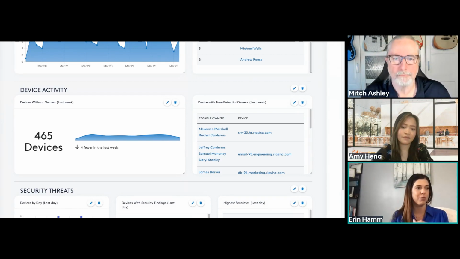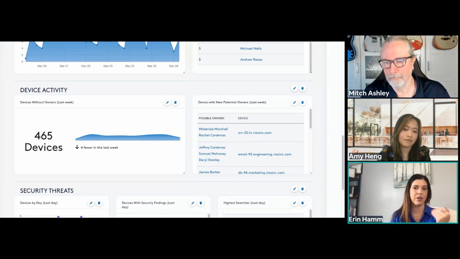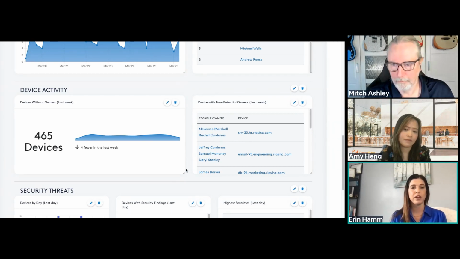In the DataB platform, we have an entity resolution IP and patent that we've been granted that allows us to do this correlation and show potential ownership from a device to an owner. So we can see, okay, for this device, server 33 HR, Mackenzie Marshall is our top recommended owner, and secondary, we have Rachel.